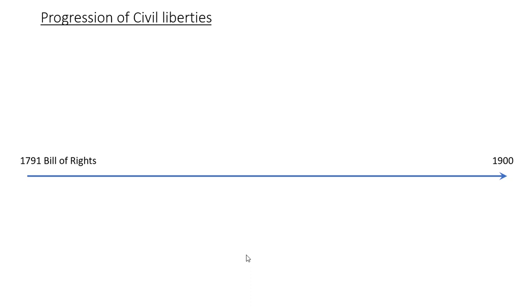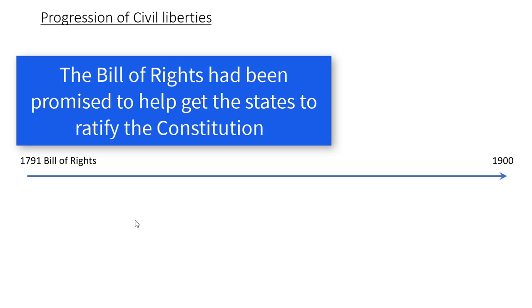So, as we've already talked about, in 1791, the first 10 amendments to the Constitution were ratified. Those were the Bill of Rights, and these were added to the Constitution very quickly. They were promised by the framers of the Constitution. They were promised to the states so that there'd be more restricted boundaries on the federal government.